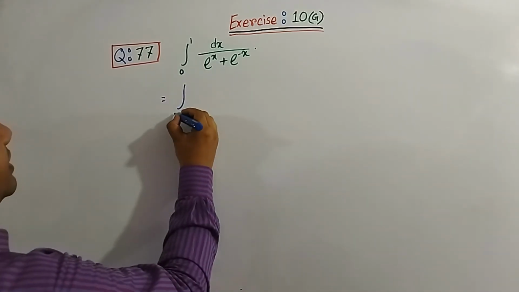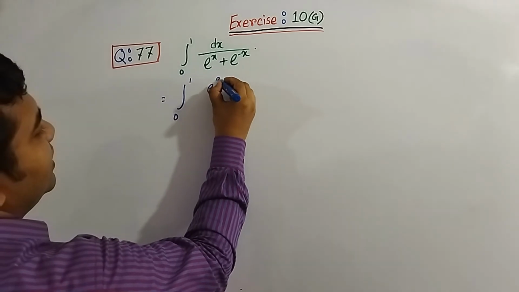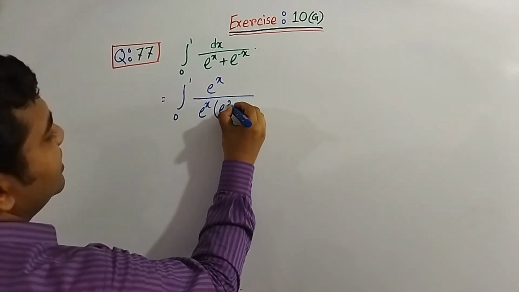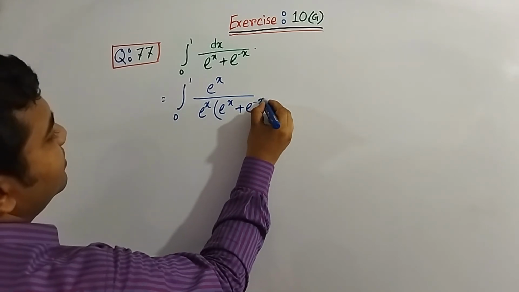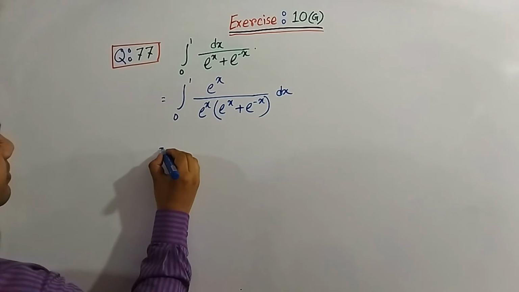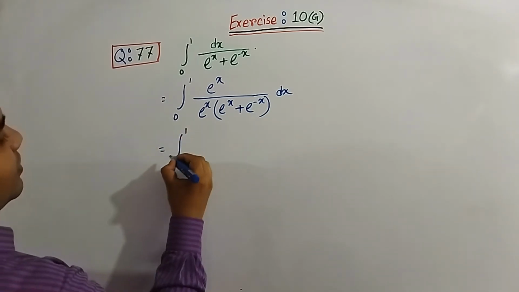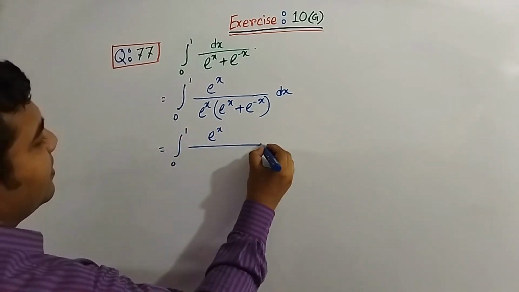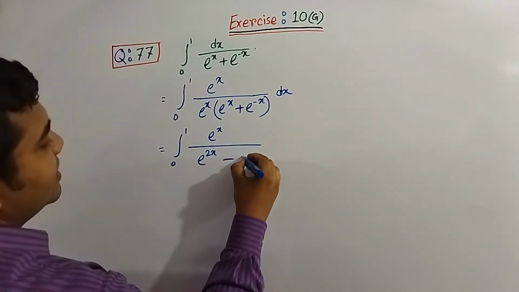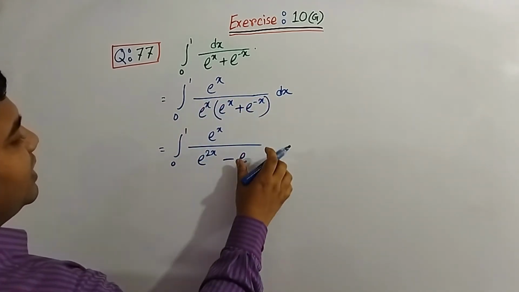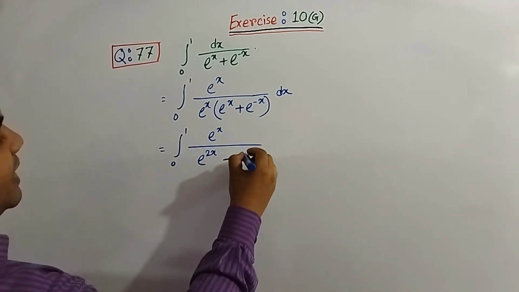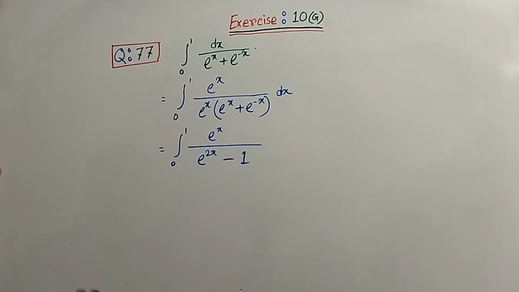After doing that, in the denominator we get e to the power 2x plus 1, because when we multiply e to the power minus x and e to the power x, both are neglected and we get 1.